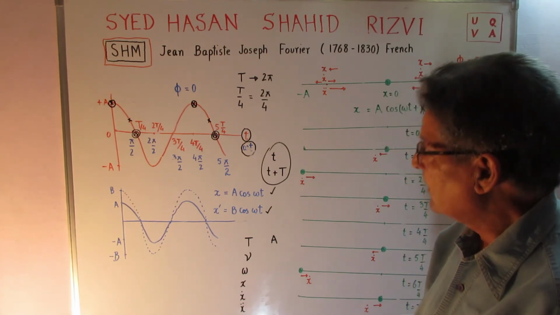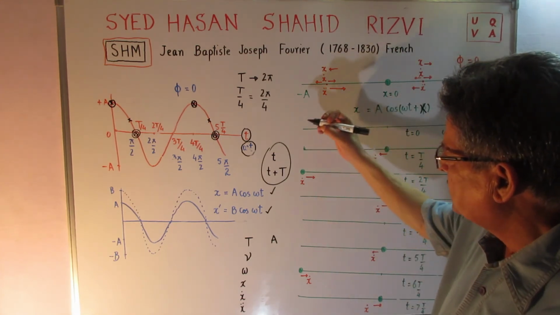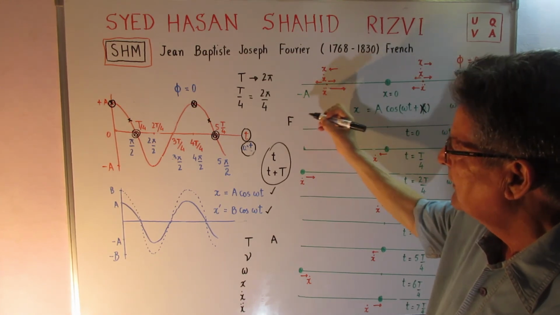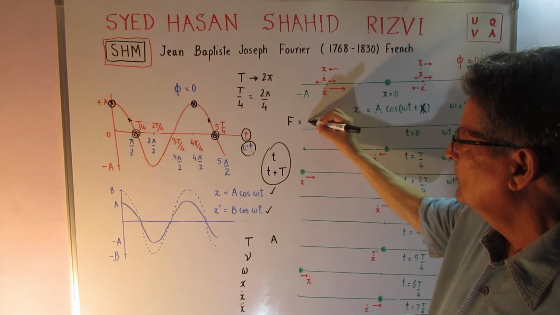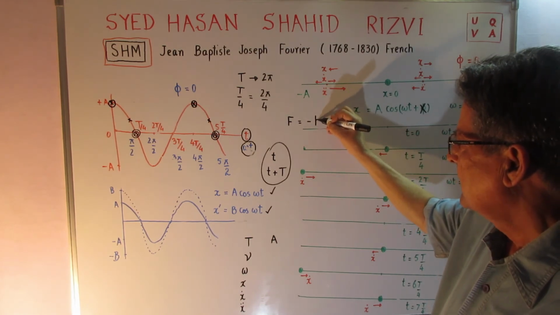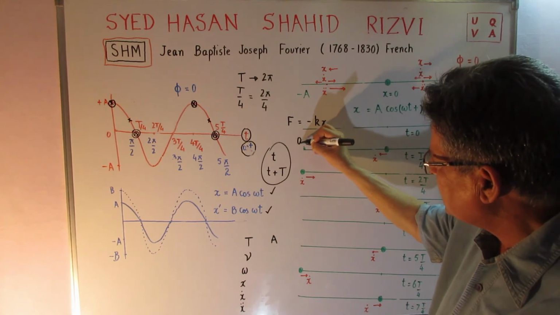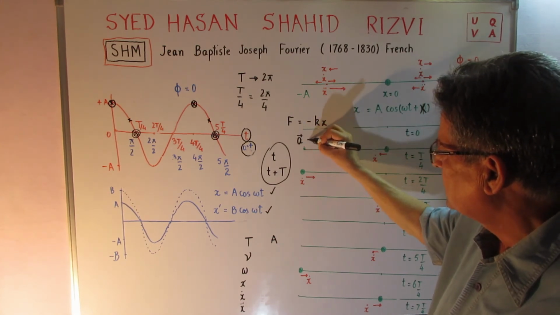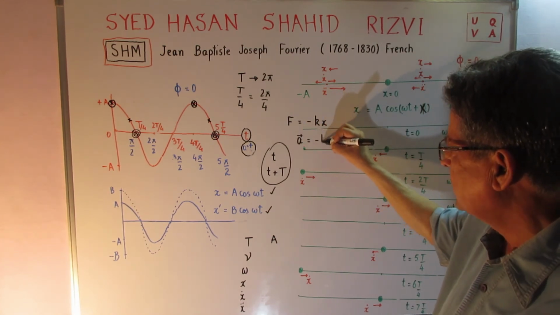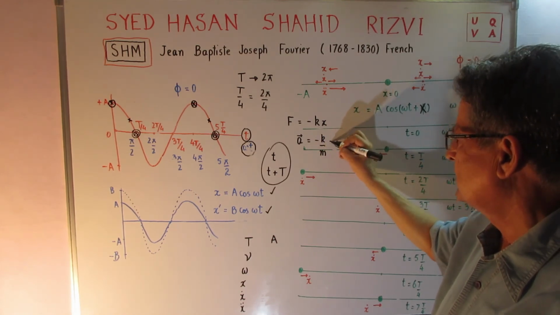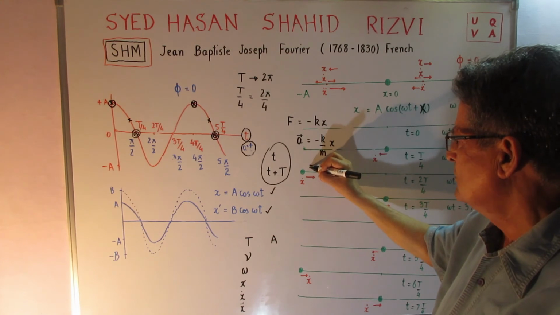The only thing is, what should be there? That the force must be equal to minus kx, or the acceleration should be equal to minus k upon m into x, which is equal to minus omega square x.